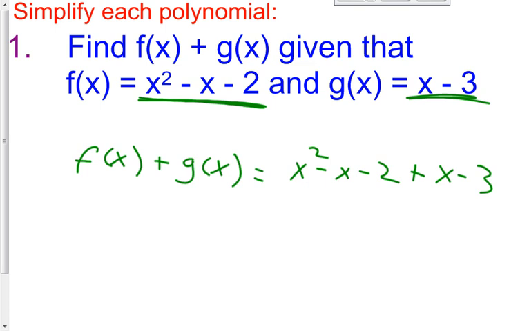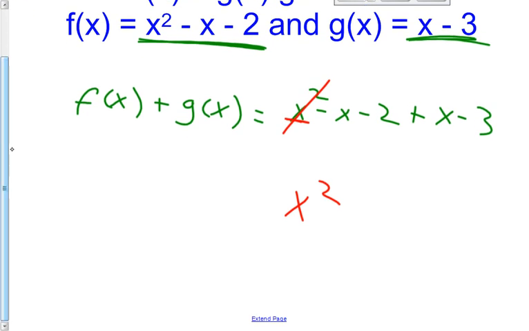So now, as you learned back when you were first working with monomials, you learned to combine like terms. So x squareds can only be combined with other x squareds. So I have an x squared right here, and that's the only one that I have, so I bring down the x squared. I like to cancel these off sometimes after I use them, just so I know that I don't have to use it anymore.